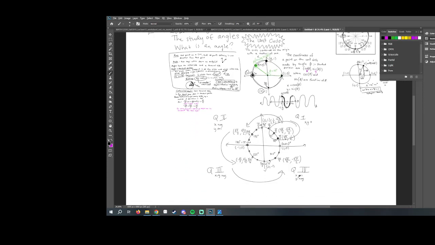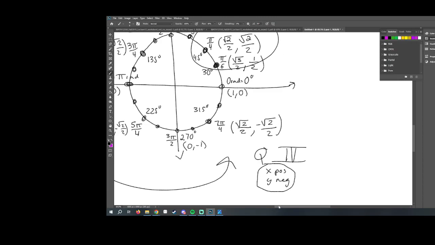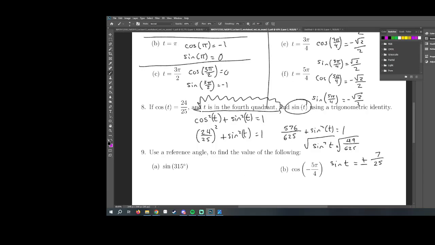No, it's over here. X is positive and y is negative in the fourth quadrant. And remember, x is the cosine and y is the sine. Since we're looking at the sine, that's a y value, it should be negative in the fourth quadrant, meaning our answer is the sine of t equals negative 7/25.